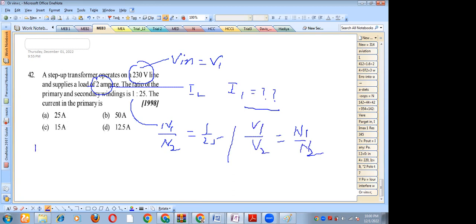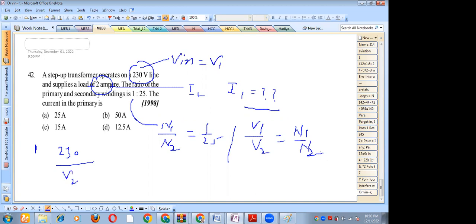V1 is given as 230, over V2. And V2 is not known.